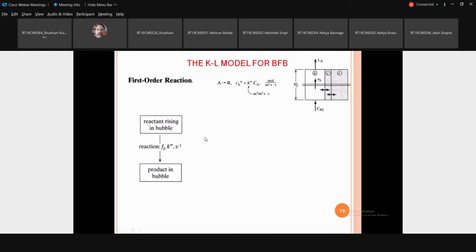So the reactant is rising in the bubble, there will be the reaction, and that reaction will depend on the fraction of solid present in the bubble.